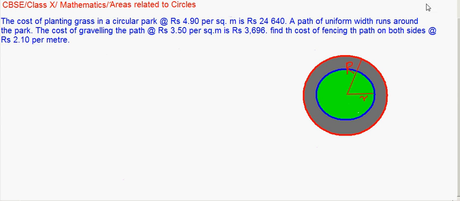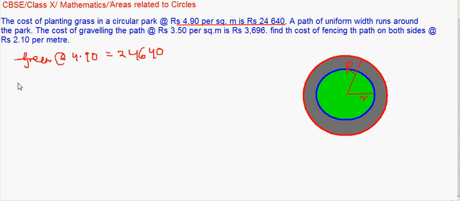See, the area of the inner circle, which is the grass part, is given. It says that at the rate of 4.90 that area is planted with grass, and that costs 24,640. That means the green area at a rate of 4.90 should be giving us 24,640.